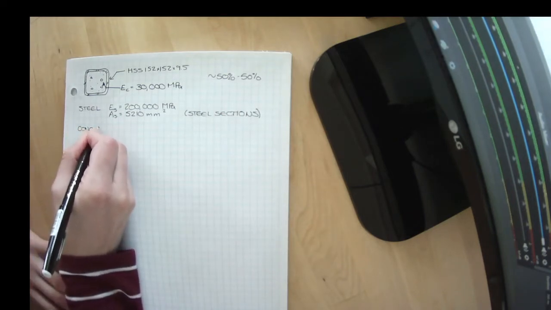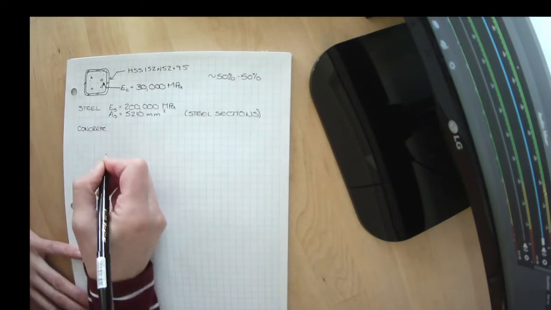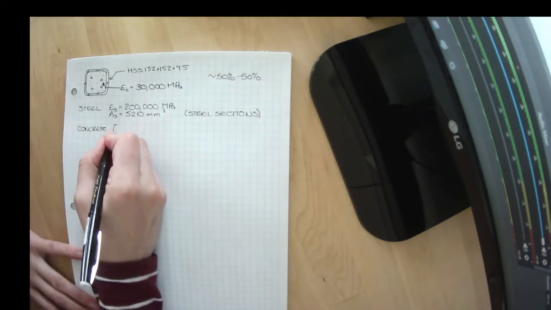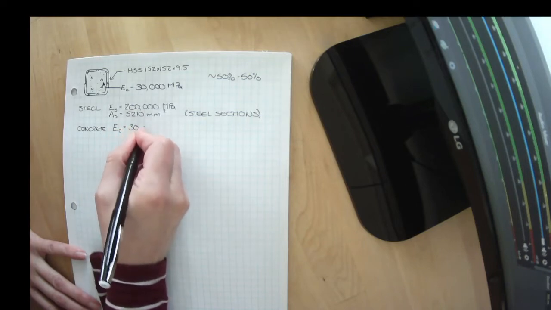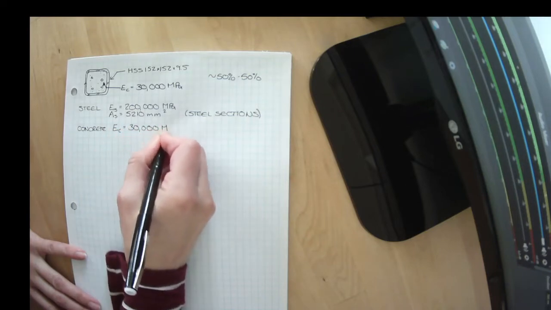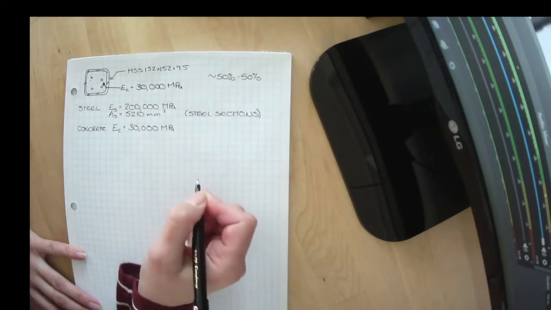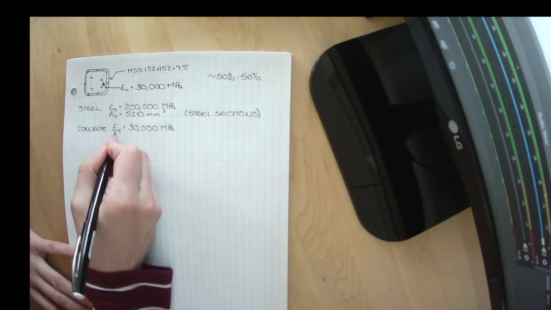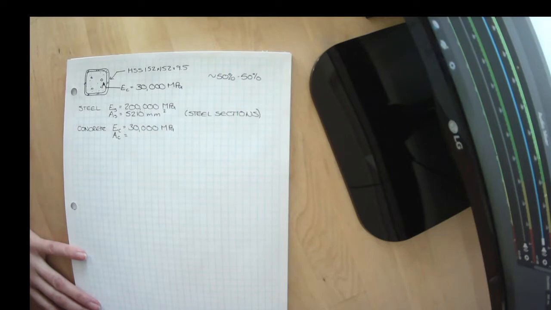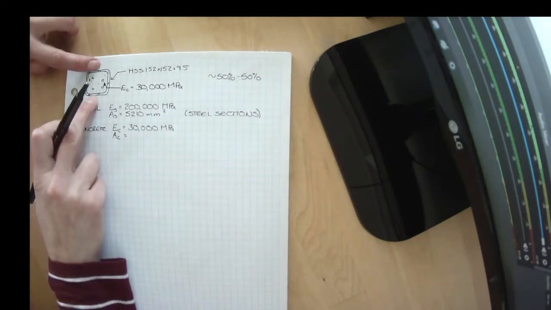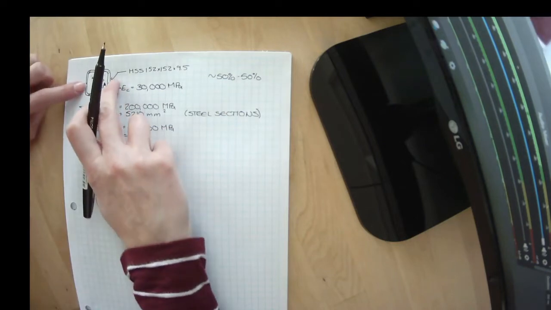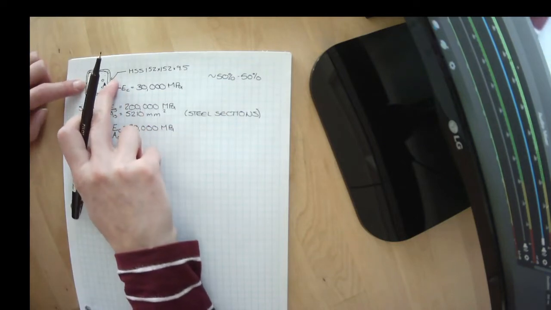Concrete. Well, they gave us the E of concrete as 30,000 MPa. And we need to figure out the area of the concrete. We know that this dimension is 152, and we know that this dimension is 152.